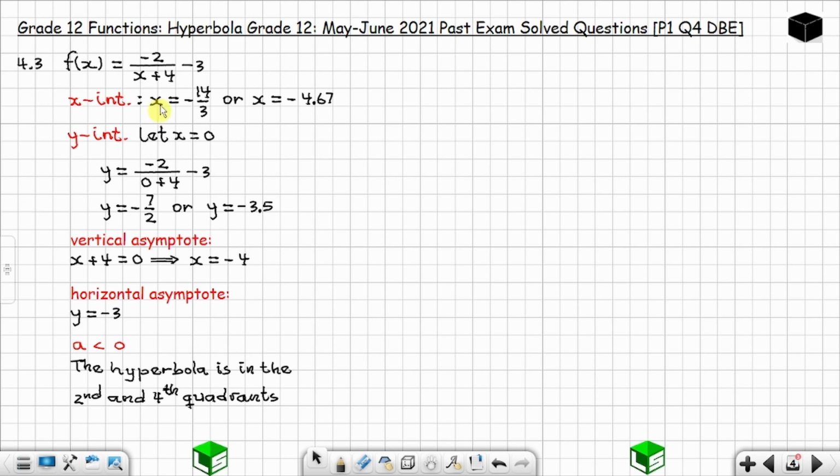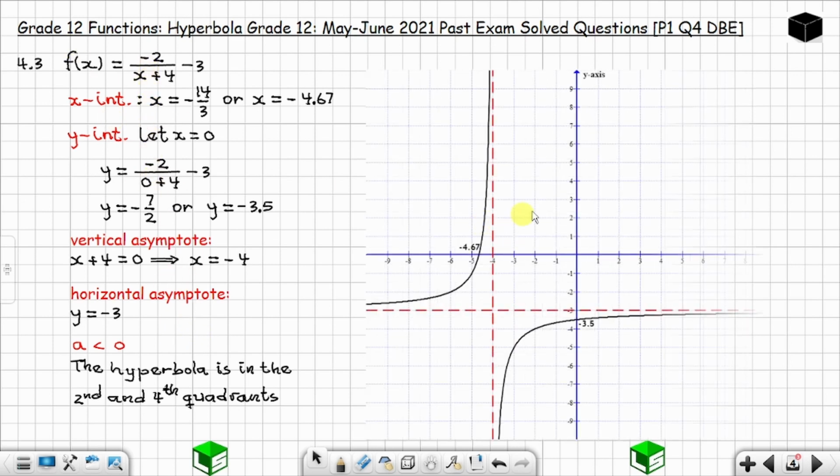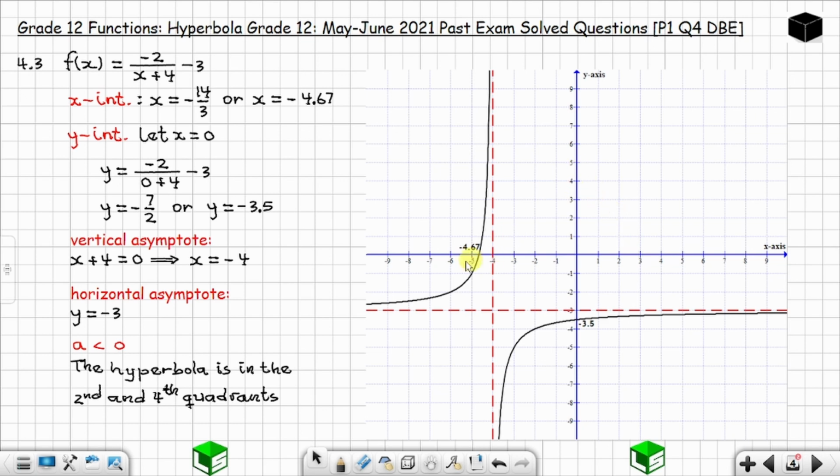Now that you have this information, you can sketch the graph of f. So this is the graph of f. You can see you have your x-axis in blue and your y-axis in blue. You have your horizontal asymptote at y is equal to -3, and your vertical asymptote at x is equal to -4.